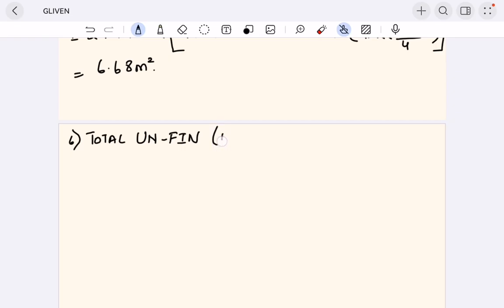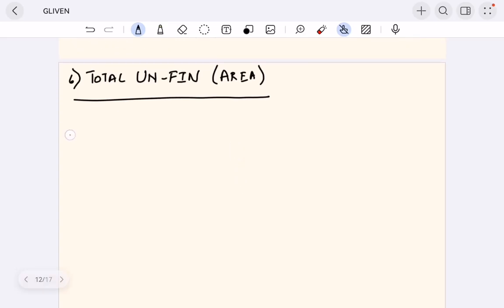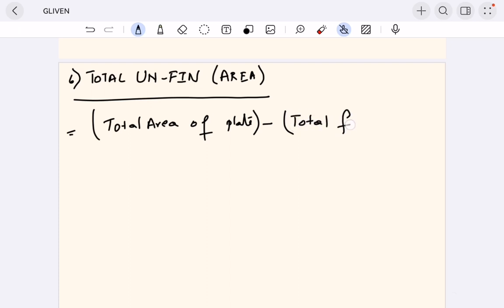So the total unfinned area is equal to the total area of the plate minus the total finned area. Remember that this is area, right?